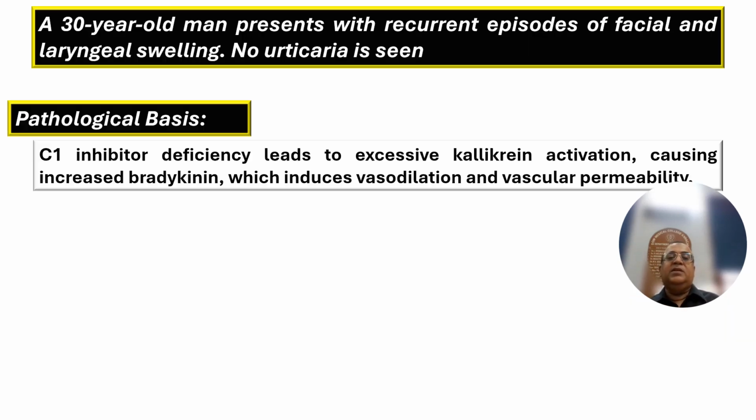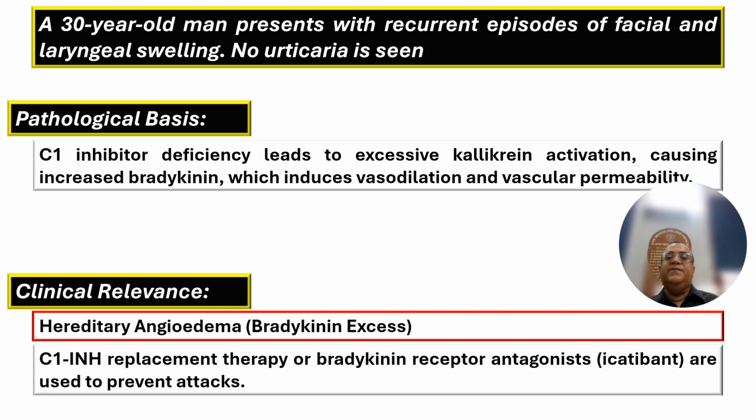In this scenario, a 30-year-old man presents with recurrent episodes of facial and laryngeal swelling. No urticaria is seen. So this may be C1 inhibitor deficiency due to excessive kallikrein activation, and due to this there is increased bradykinin which induces vasodilation and vascular permeability.